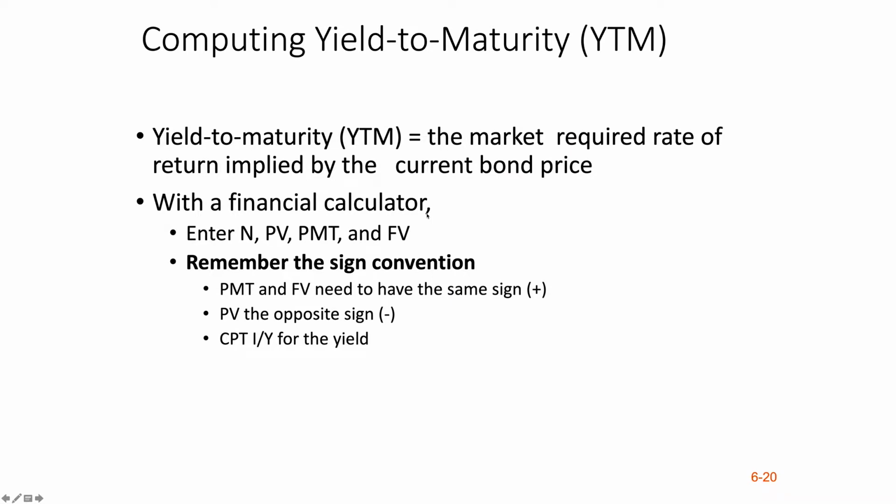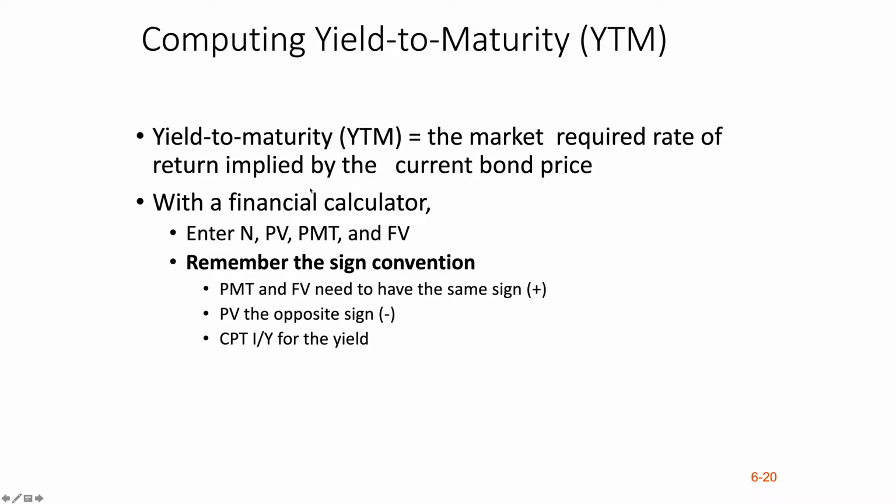Now, up to now, we showed you how to find bond value or bond pricing. Another way people use the financial calculator is to figure out a company's yield to maturity. In other words, since bond prices are observable, you can look at the market to see how much the bond is currently traded for.